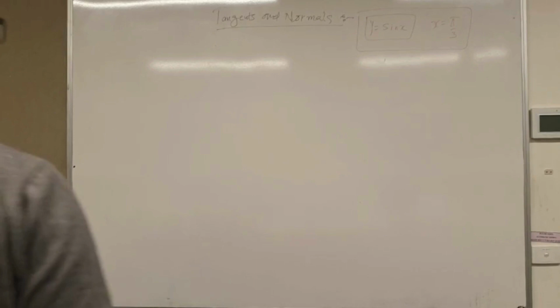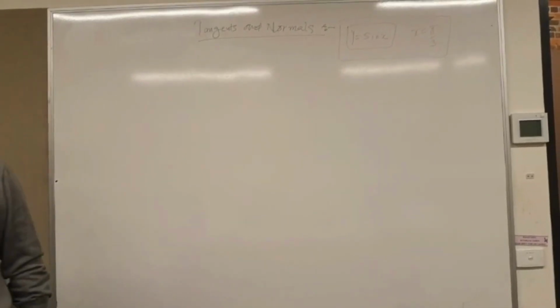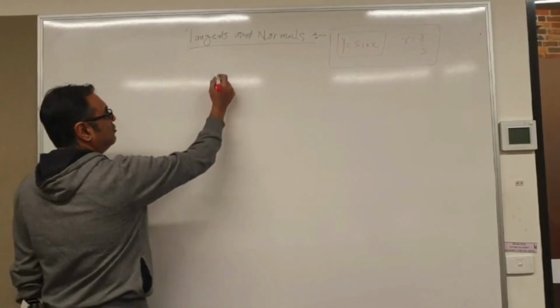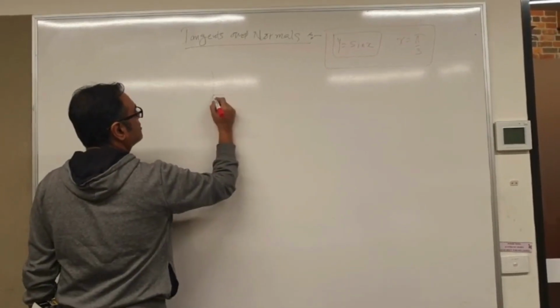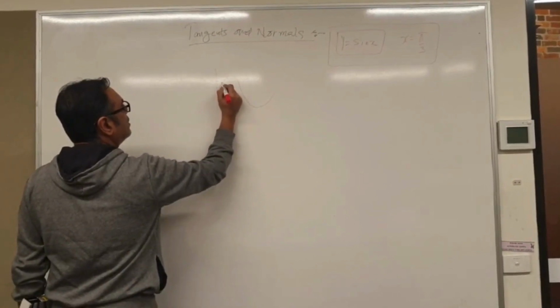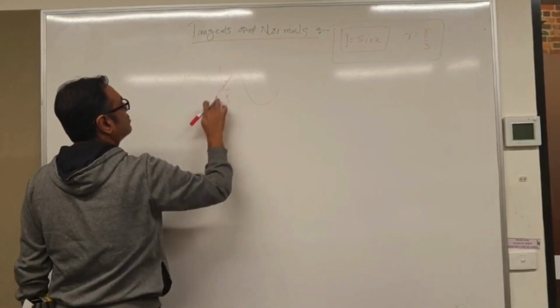Can we use our pass? Yeah, you can, let's see. Okay. Alright. That's the function. So what are we asking? We are asking something like this, no? Let's say this is pi by 3, and you draw a tangent here.